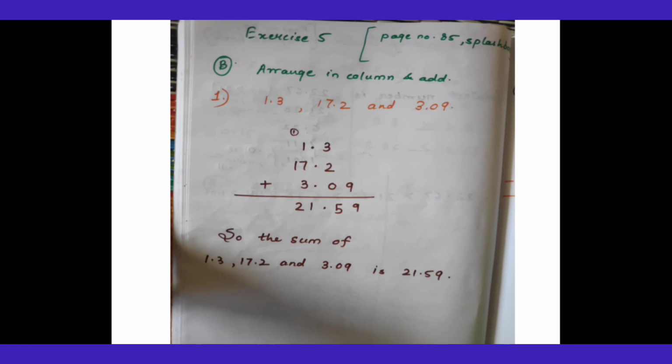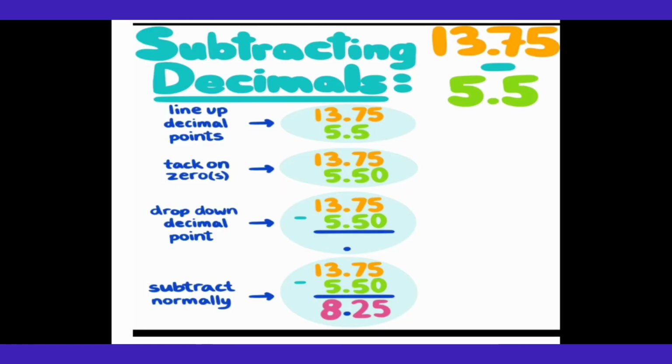Now how to do the subtraction of decimals. The subtraction of decimals is like the previous addition, only here the main part is that you have to subtract. If it is not lined up, line it up, add the 0 and subtract normally.